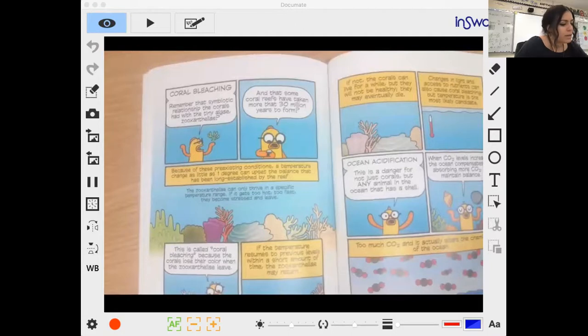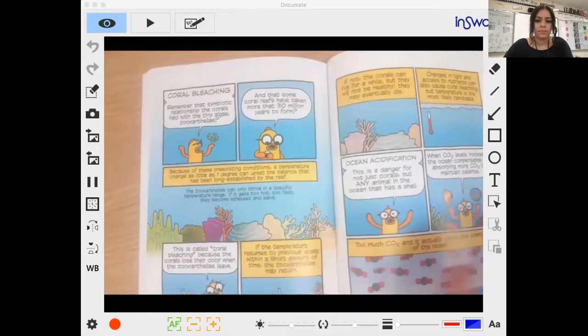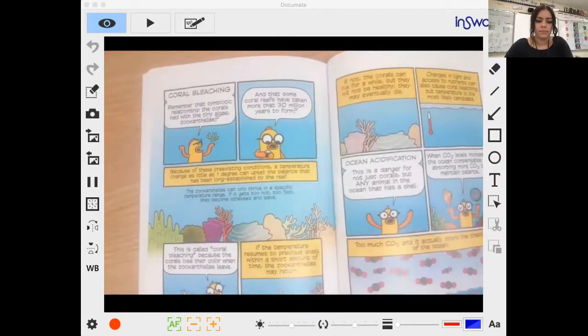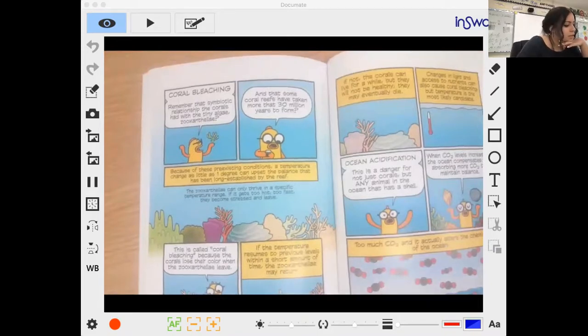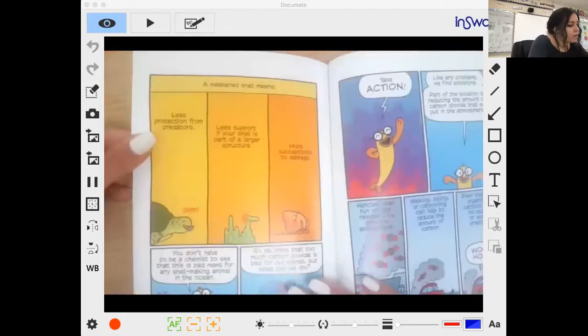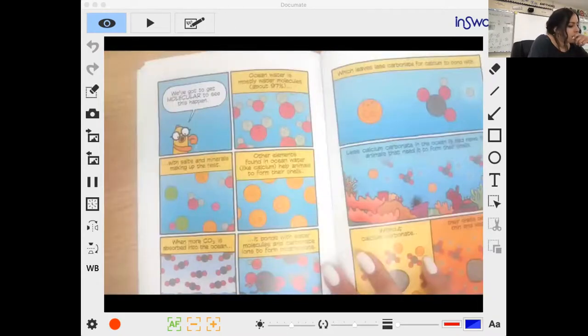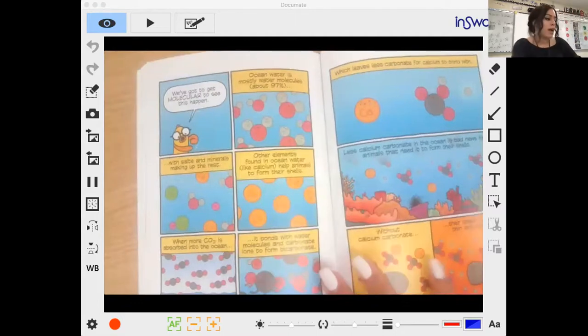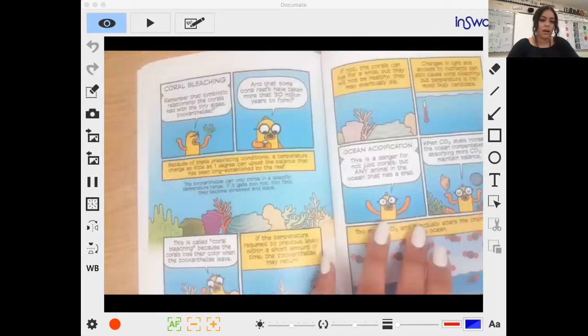So eventually it's going to be, so we have coral bleaching, ocean acidification, the animals around it. So when carbon dioxide is absorbed in the water, it changes the way the water around it is created. So I have a couple of new vocabulary words in here.